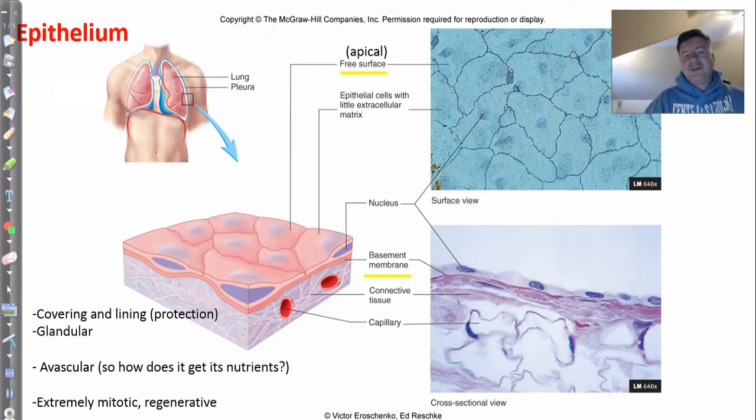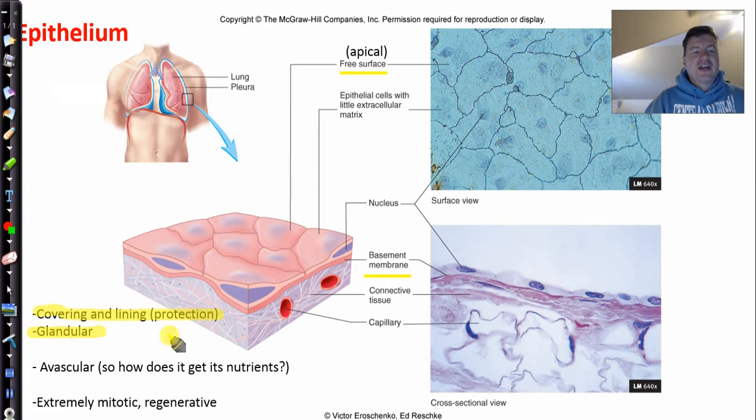Next up, epithelium. Whenever you think epithelium, again, what should spring to your mind are some of its major functions. And epithelium has really these as the major functions. It is a covering or lining. We associate this with covering us wherever we interact with the environment, on our skin, inside our respiratory tract, inside our reproductive tracts.